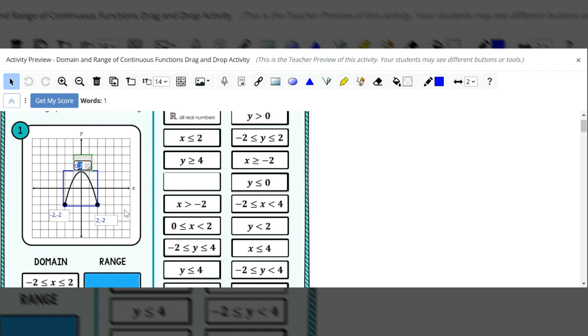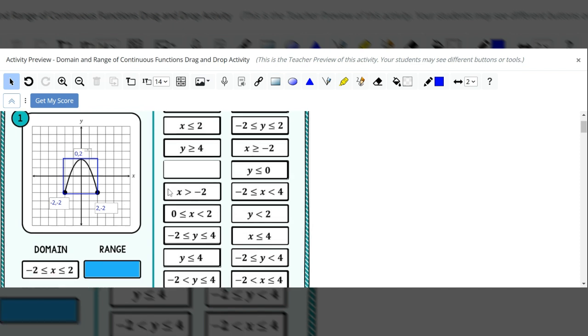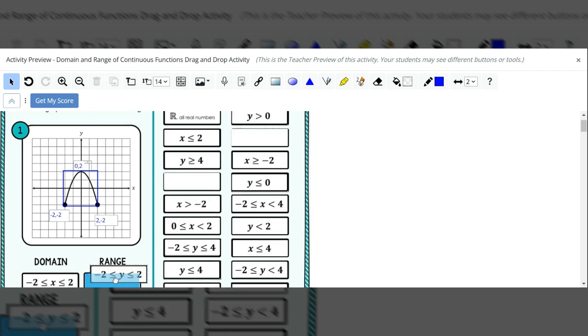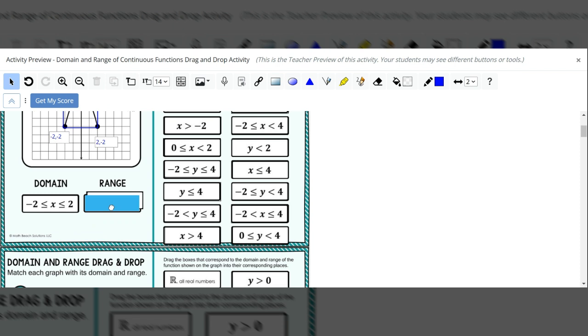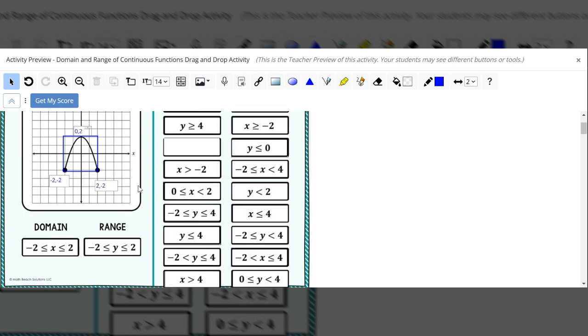So my answer for this is negative 2 less than or equal to y less than or equal to positive 2. Again, domain is from left to right, the distance. Range is your height from bottom up. So that's the domain and range for question number one.